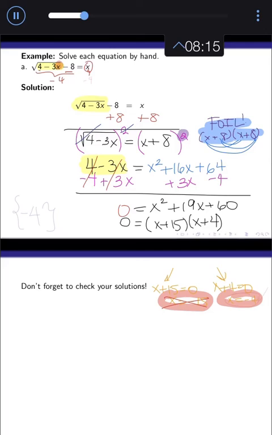X was negative 4, so we do get negative 4 equals negative 4. So yes, x equals negative 4 is the only answer that actually works. If we were to list out our answers, we would just give the answer negative 4 because our negative 15 did not work. So that is our only answer, negative 4.